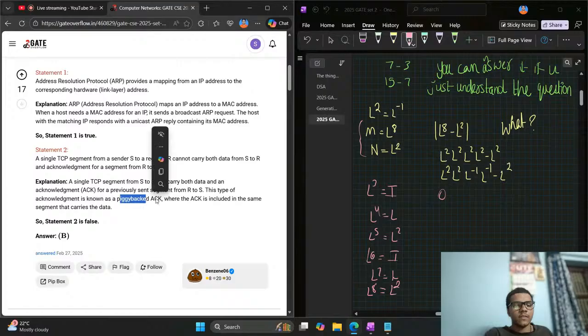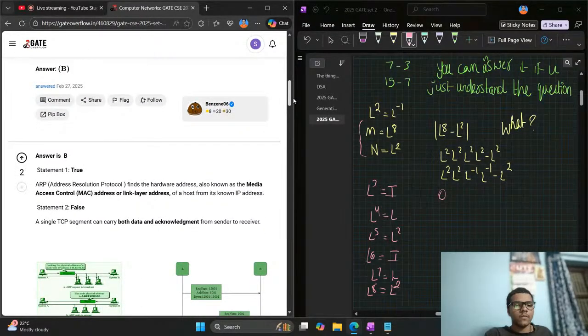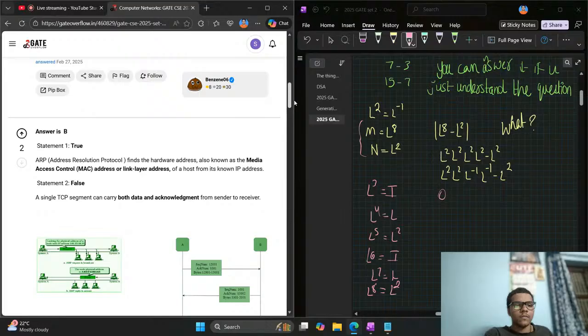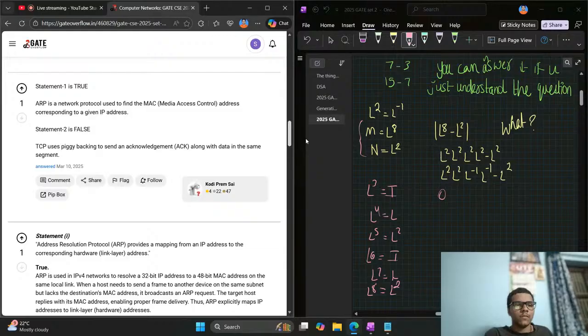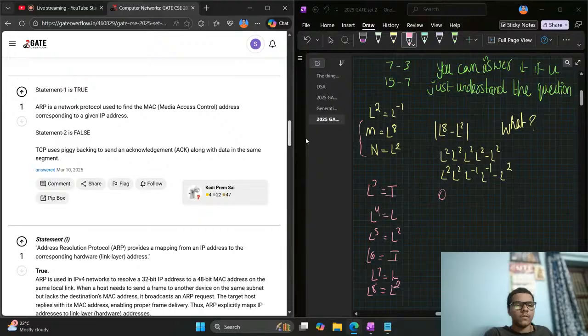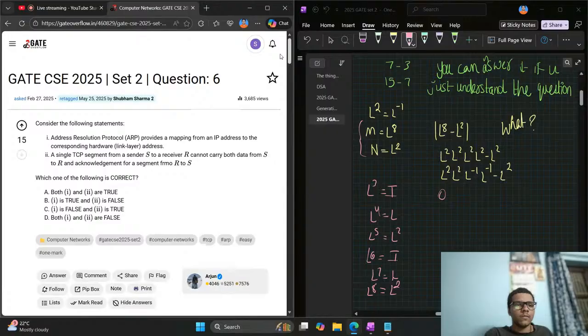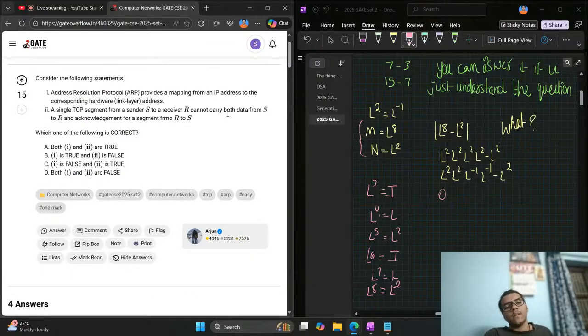I have seen that. It said cannot carry, dude. I thought it is saying can carry and said true, but we will still be wrong because we don't know about this one.